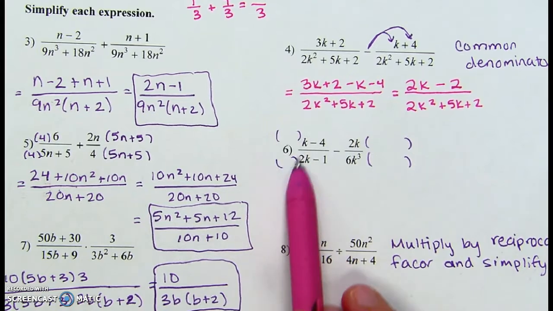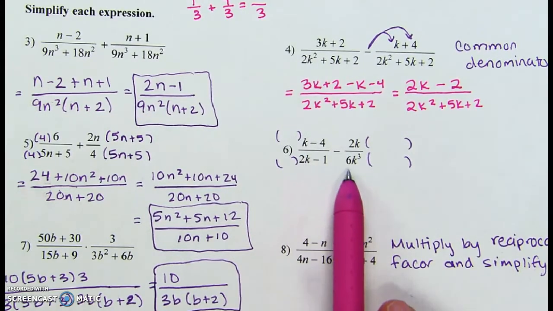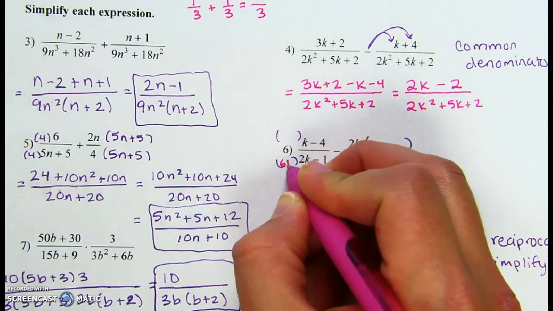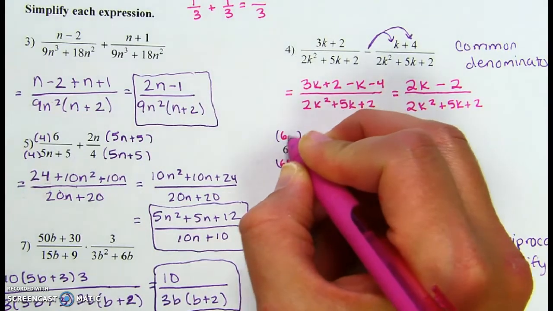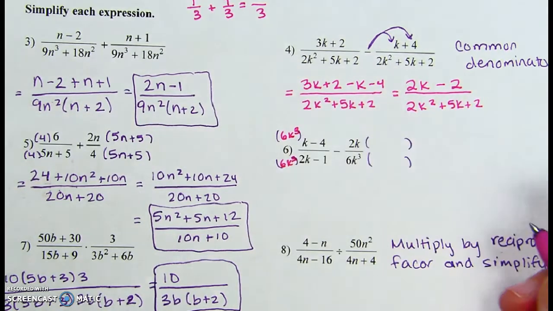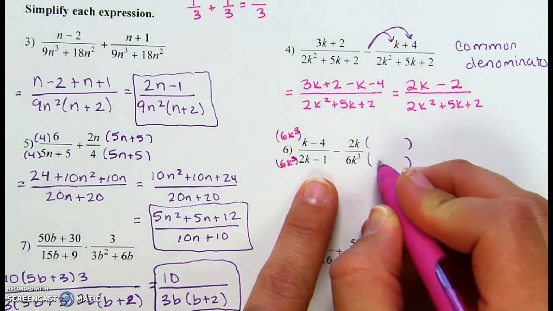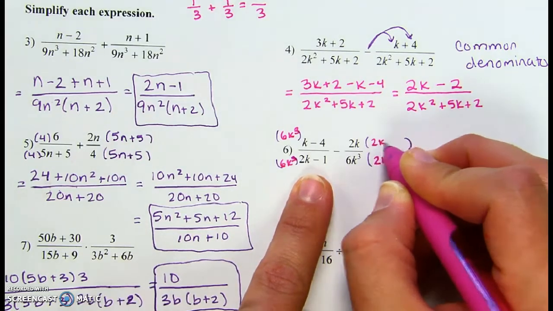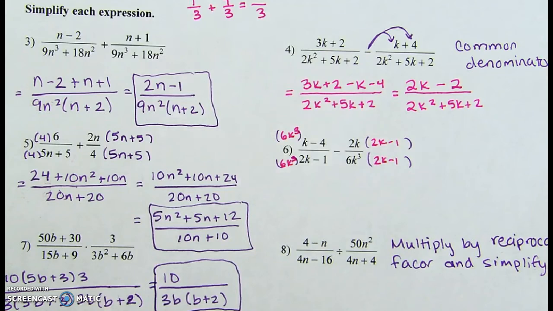We're going to take the first fraction and multiply it by what? 6k cubed. And then I'm going to multiply this fraction by the other denominator, 2k minus 1. Question to you, do we have the same denominator now?